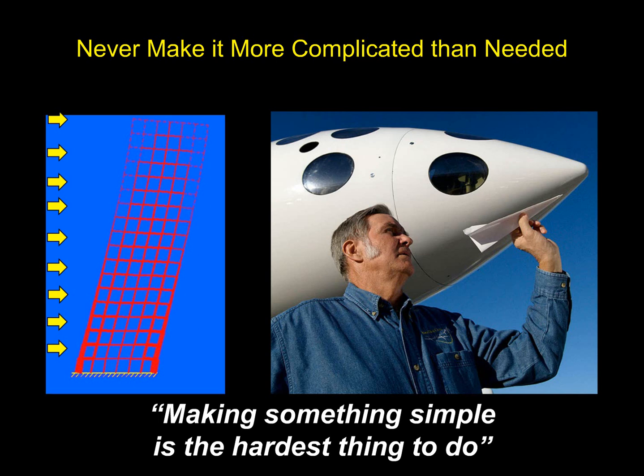We can't have what I'll call push-button engineering, where it only works because the computer tells us it works. We have to be able to understand the load paths. And surprisingly, this is extremely hard to do, because making something simple is the hardest thing to do.